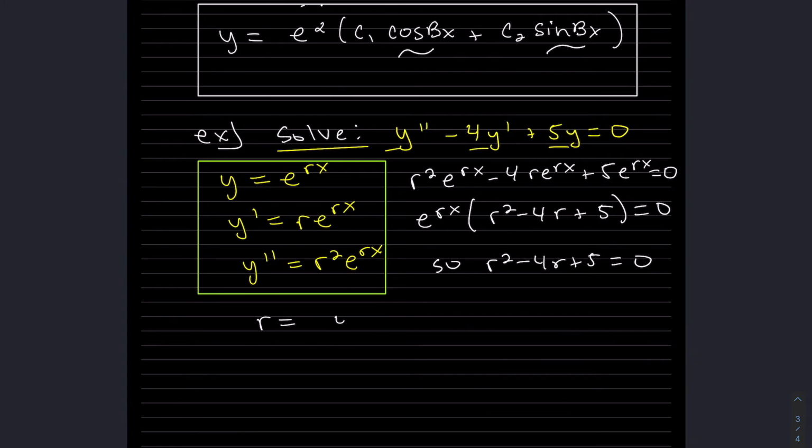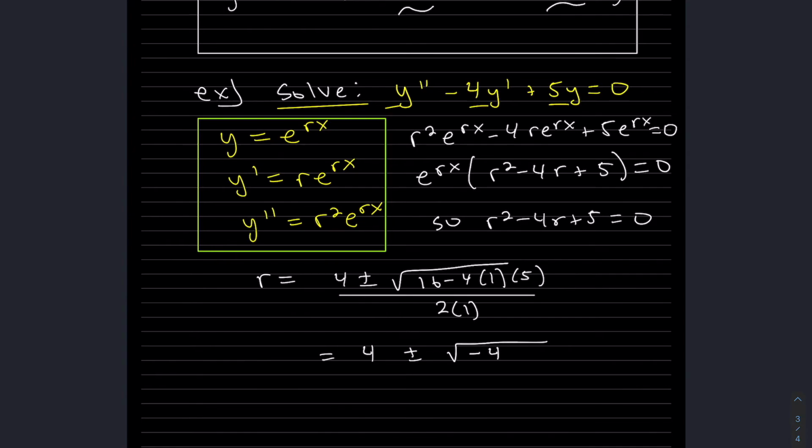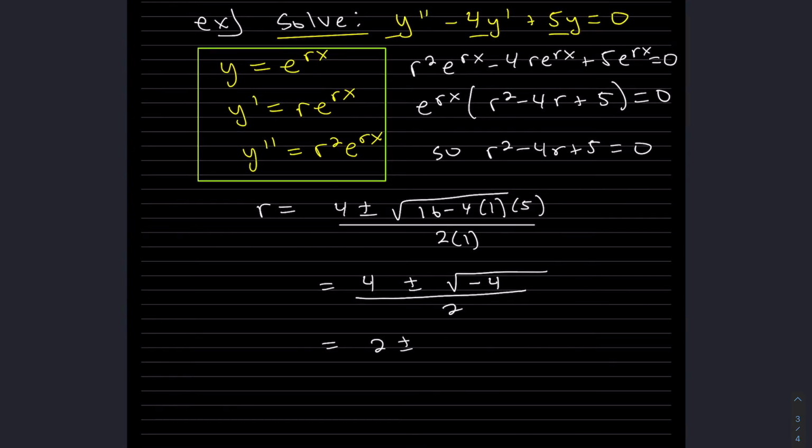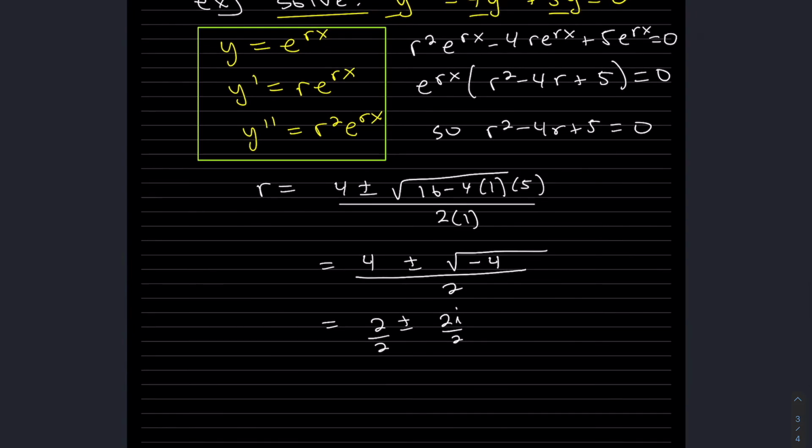Minus b, and minus 4 is 2i. Don't forget to divide 2 into both. And then let's be careful. That's a 4, and the square root of 4 is 2i. Just i, or 1i.